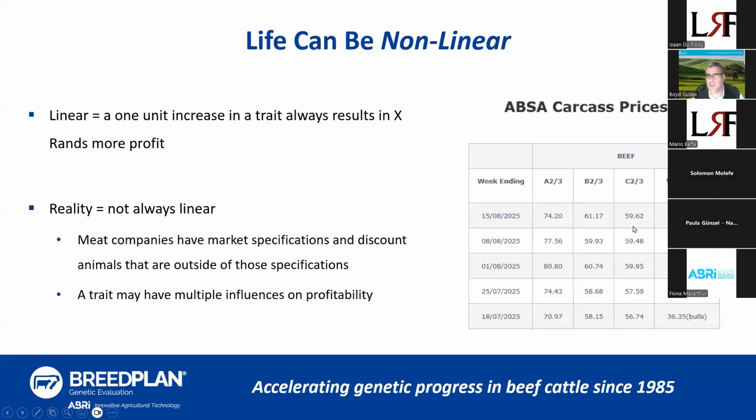Unfortunately, life isn't always like that. Meat companies have market specifications and therefore apply discounts for animals that are outside of those specifications. And a trait can also have multiple influences on profitability as well, which can also make their influence non-linear.